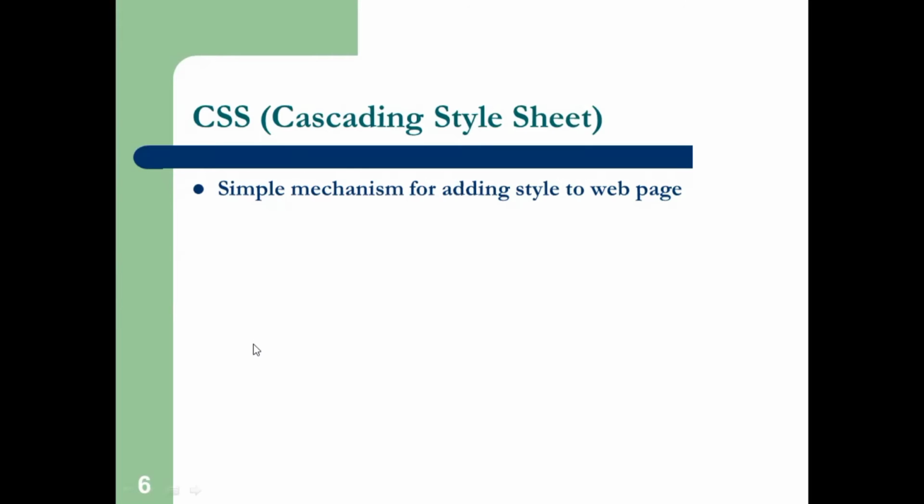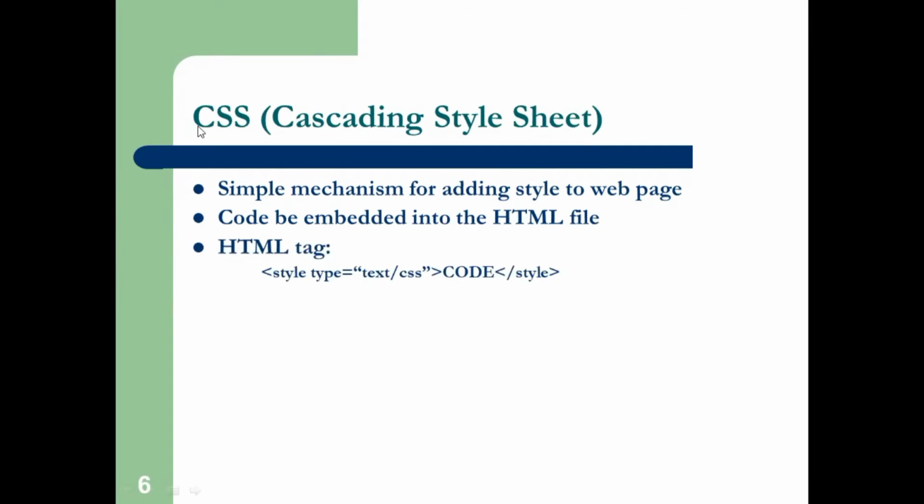It is a simple mechanism for adding styles to the web page. The code can be embedded into the HTML file, so that we can add more styles to our page, and it will look more user friendly and more attractive to the user.